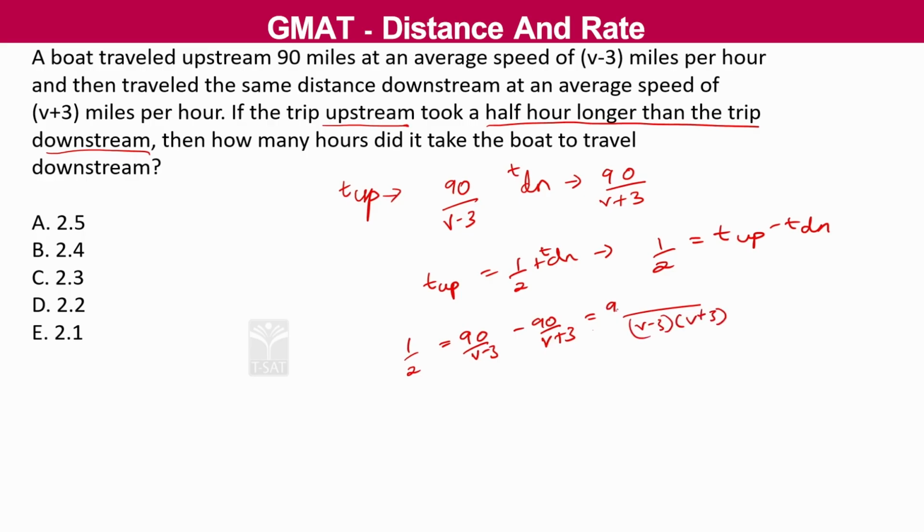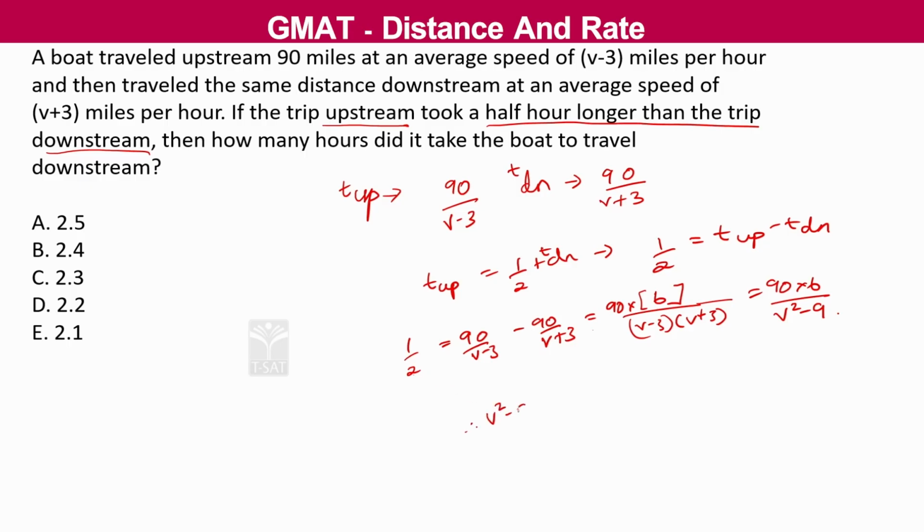Taking 90 out as common, you will have v plus 3 minus v minus 3, which is equal to 6, which gives 90 into 6 divided by v square minus 9, which equals half.